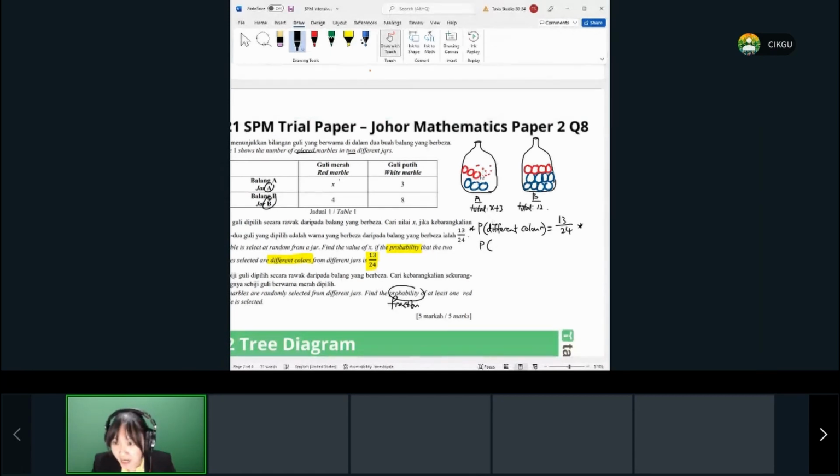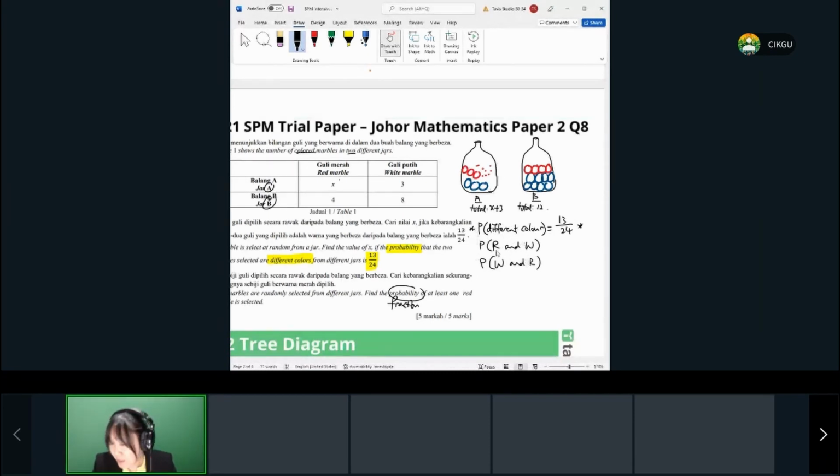Either you select red from jar A, then you have to select white marble from B. This is one possible case. Or you can also select white first from A, and then you select a red from jar B. So these 2 cases will satisfy my question, which is to select different color.